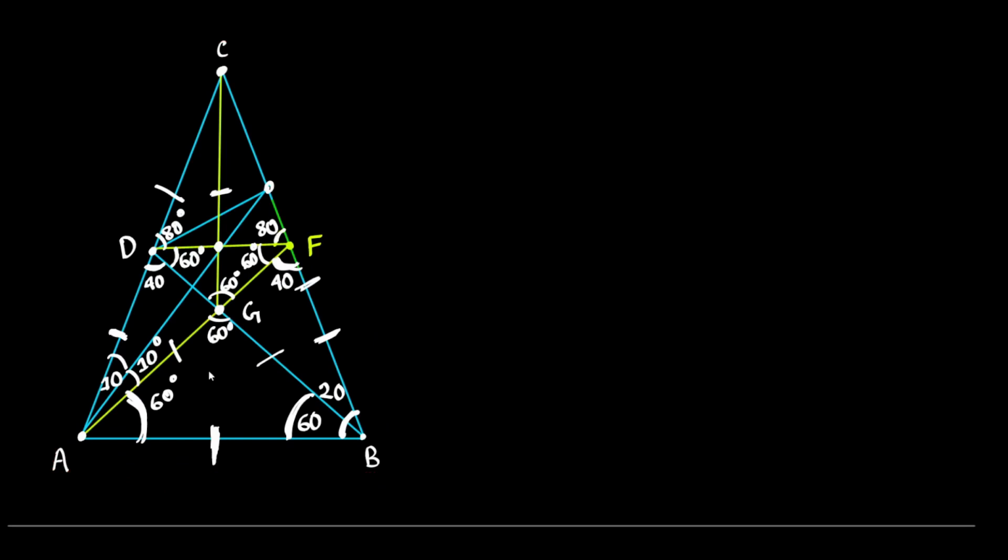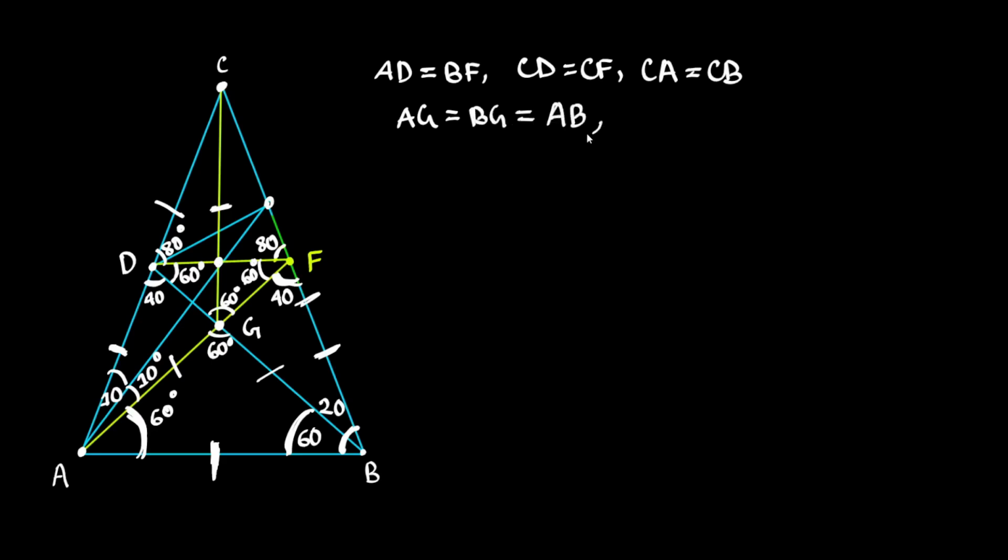But let's just recap what we found so far. We have found multiple triangles being congruent to each other, multiple sides being equal to each other. Let's say AD was equal to BF, CD was CF, CA was CB, and we get AG, BG equals AB.